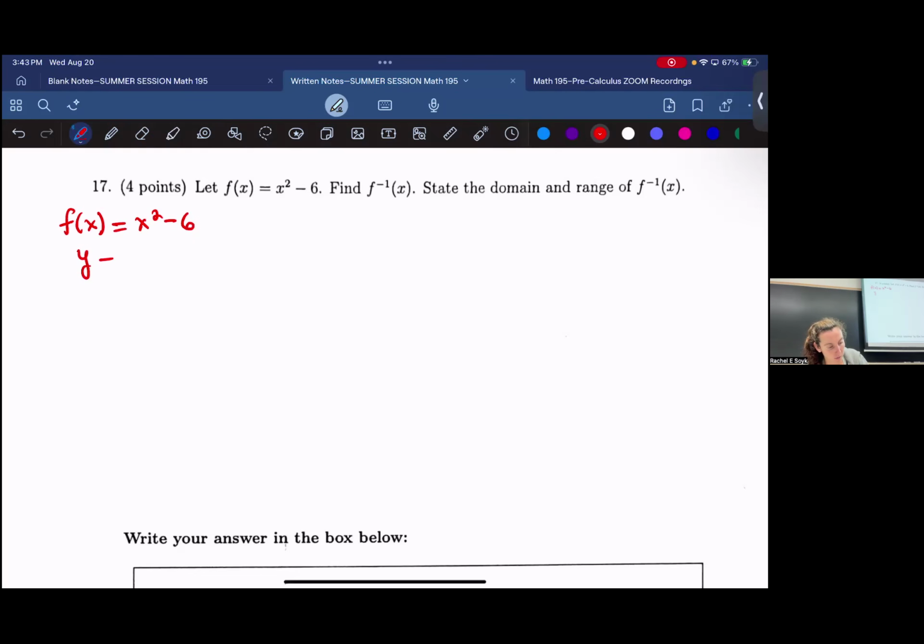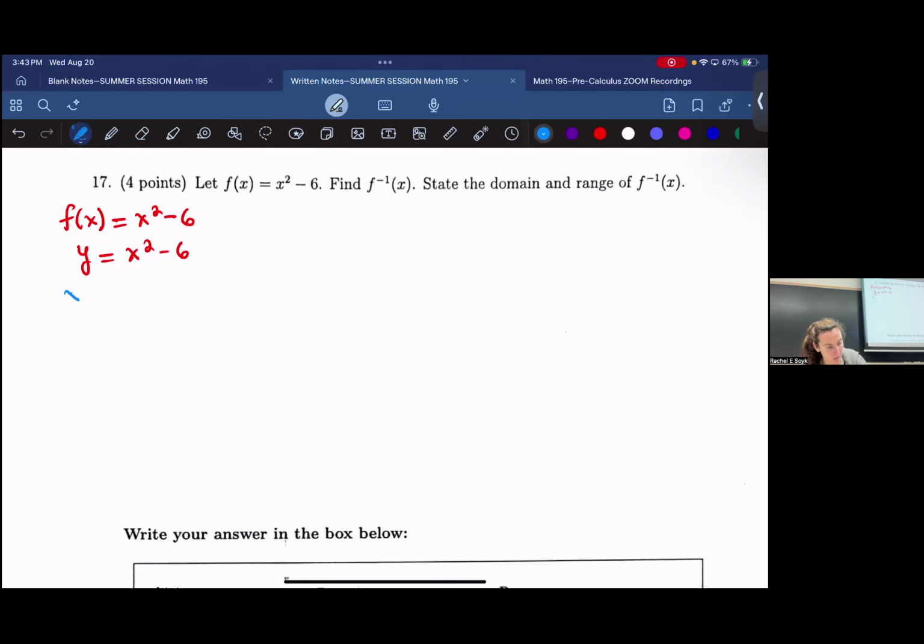Yep, so we have y is equal to x squared minus 6, but we want to swap it now. So we have x is equal to y squared minus 6. Isolate your y, so we get y squared equals x plus 6, and then take the square root of both sides. So we're looking at y is equal to the square root of x plus 6.